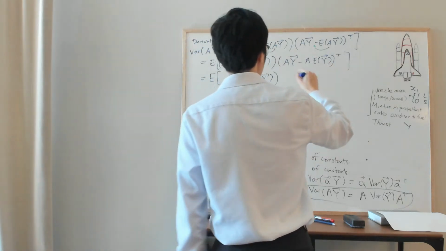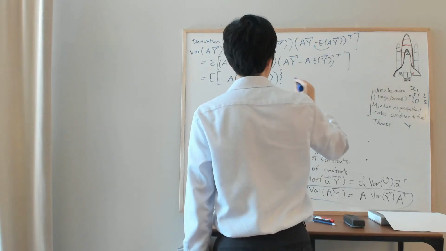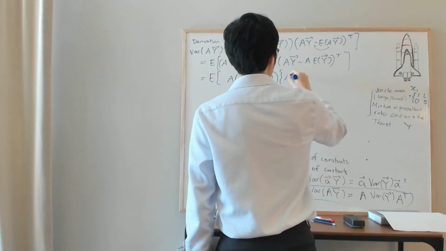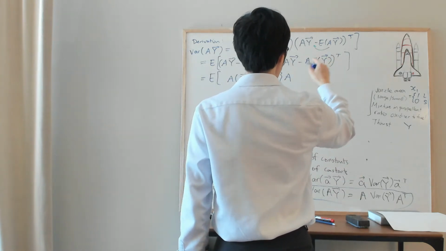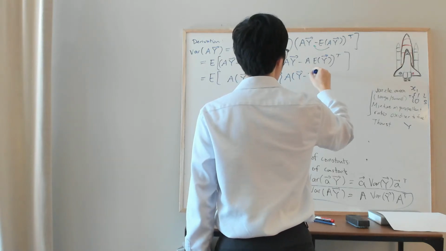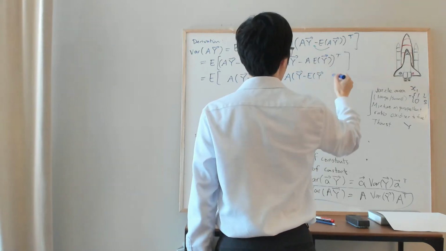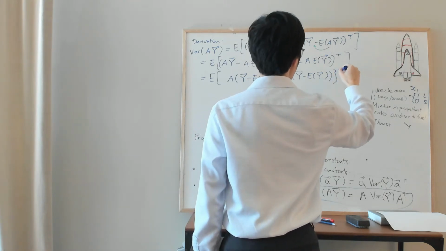Then I can do the same thing here. I need more brackets, just so you don't lose track of things. So we put A times Y minus E(Y), and all of that needs to be transposed.